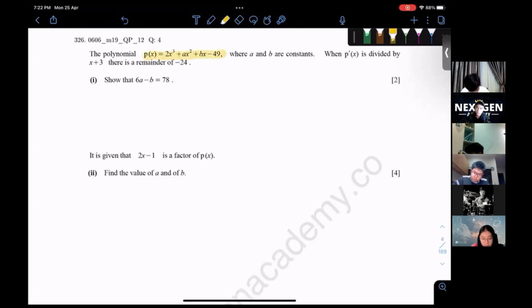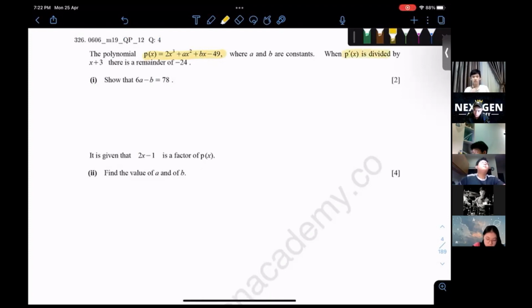So you see how they can join different chapters together. This one joins differentiation and the factor and remainder theorem question. If you do the textbook, you probably won't be able to link both together because the exercises are given individually.